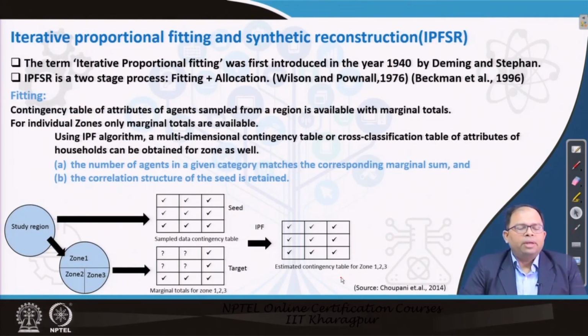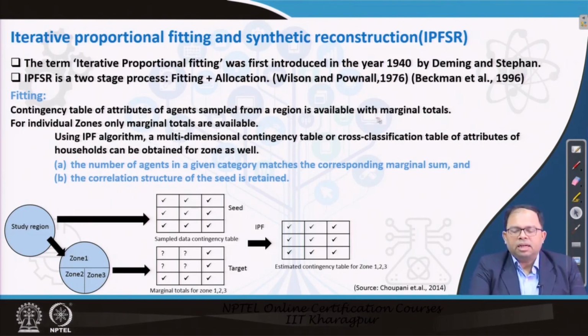So now coming to iterative proportional fitting and the synthetic reconstruction technique. We will first cover the iterative proportional fitting part. As you know, this IPFSR technique has two stages, fitting and allocation. This technique was introduced in the year 1940 by Deming and Stephan. Here, contingency tables of attributes of agents sampled from a region are available with marginal totals.